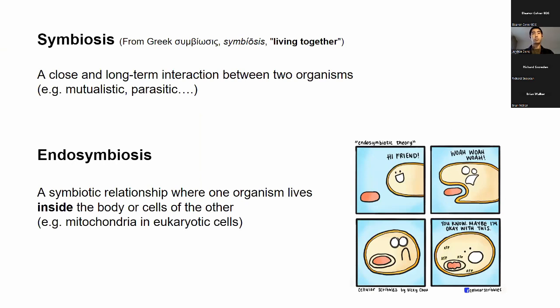For a classic example, you can think about mitochondria, the powerhouse in our cells that produce energy. Mitochondria was a free-living bacterium, and several billion years ago it was taken up by some other free-living cells, and then together they evolved into the eukaryotic cells that we have today.